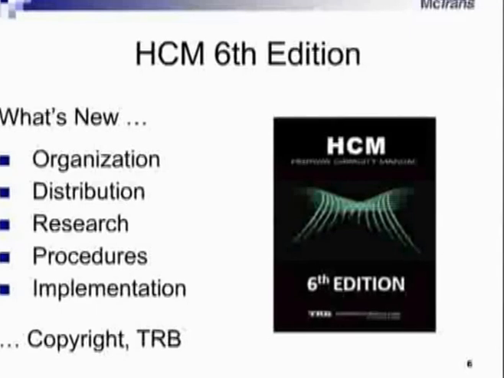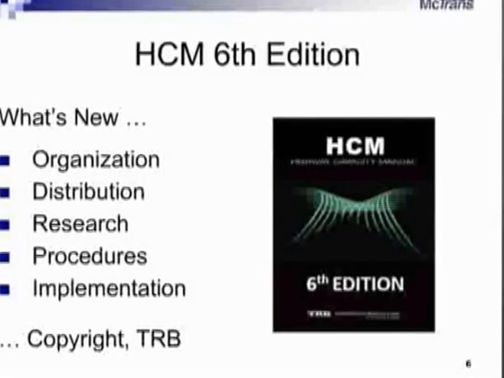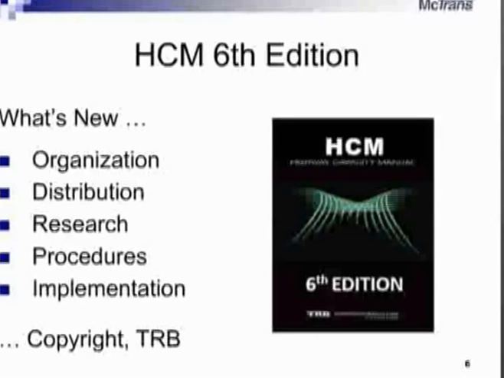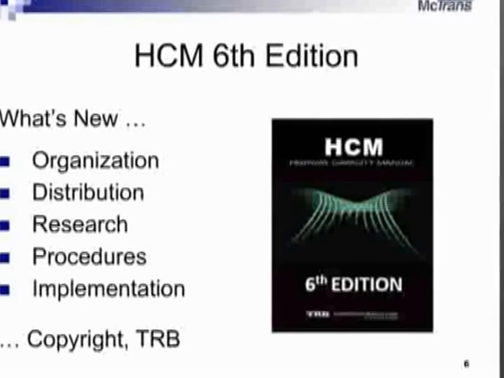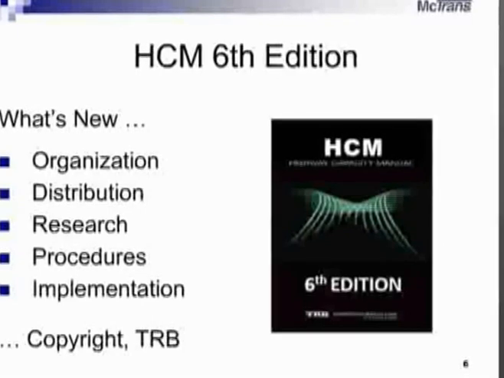So coming in the 6th edition, the organization will not change. It will still be 3 printed volumes with the 4th volume online. The major change organizationally will be example problems. In the 2010 manual, the example problems were in the printed volumes 2 and 3 in the methodological chapters. In the 6th edition, those example problems will be moved to volume 4, so they'll be in the companion, what are essentially appendices to chapters in volumes 2 and 3.